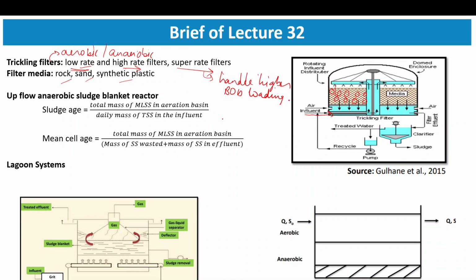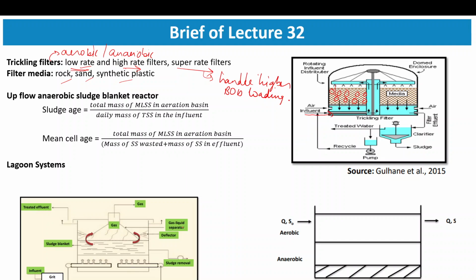Now another is the anaerobic sludge blanket reactor. So this is the anaerobic sludge blanket reactor where this is the influent going, and this is the sludge where it is maintained. Now, anaerobic means you are maintaining a closed system and you are collecting whatever gas is obtained.